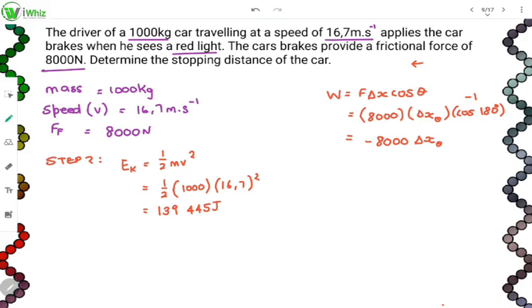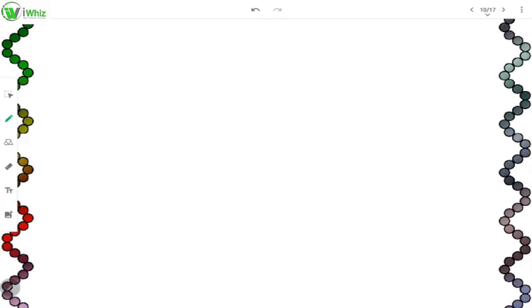We then want to take what we have and apply the work energy theorem. So we said the work energy theorem says that work net is equal to the change in the kinetic energy. So what is the kinetic energy change? It is the kinetic energy final minus the kinetic energy initial.